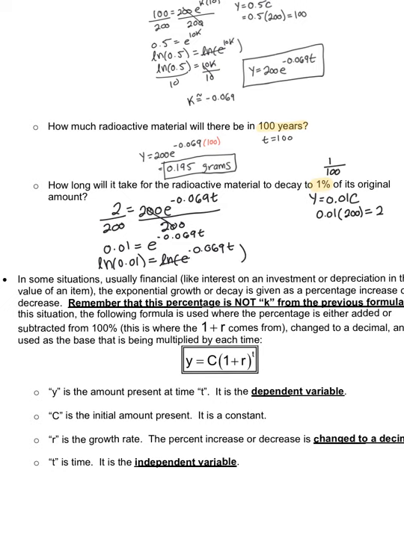So these are going to cancel, and we're going to have the natural log of 0.01 equals negative 0.069 t. And to get t by itself, you need to divide both sides by negative 0.069. So you would type this into your calculator, and the value of t that it's going to give you is 66.439, and that's just an estimate. And it's asking how long it will take, so we're going to say years.